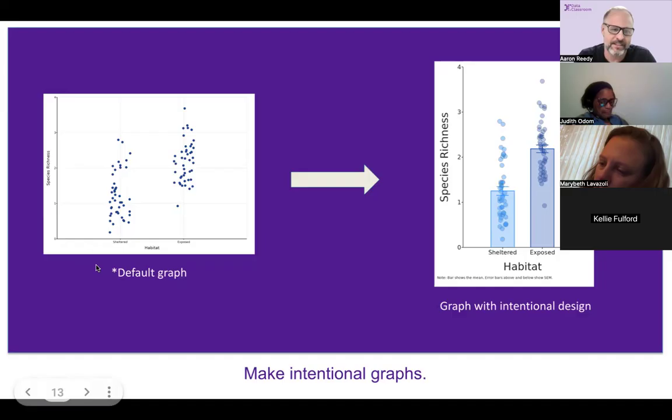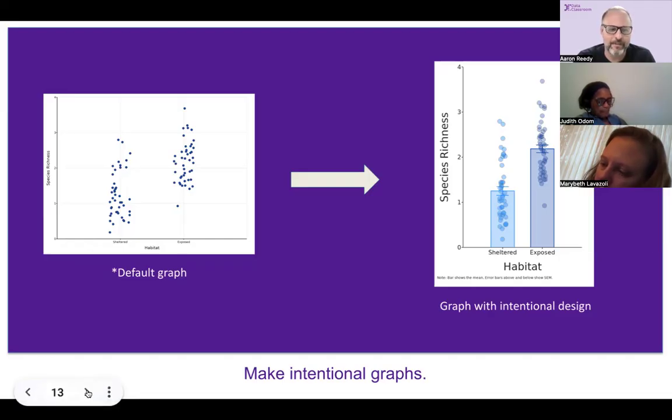We've done things to this graph to emphasize the message, and we've done a bunch of different things, but this graph speaks a little bit more loudly, even with the same data. And I think this is the kind of thing you want to emulate. And in the next slide, I'm just going to show that this was very intentional. This was not accidental to get that graph on the right.